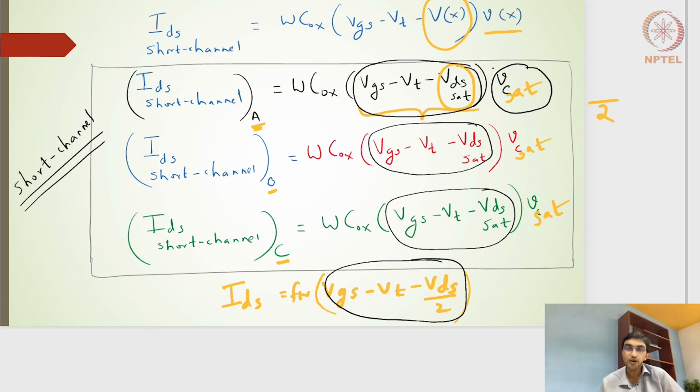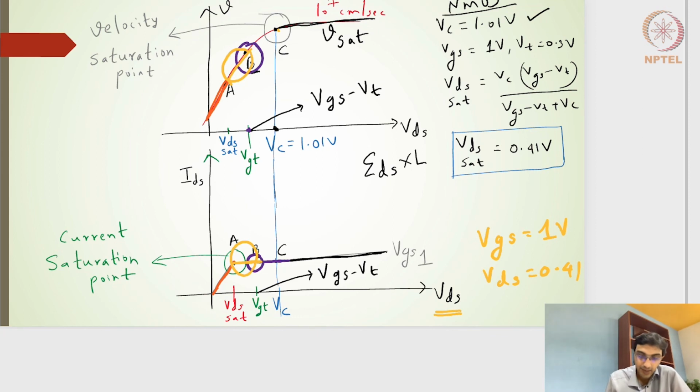So if I go back to the previous profile of velocity, point A is where the current saturates, but at point A the velocity is not actually the velocity saturation. It is less than the velocity saturation.